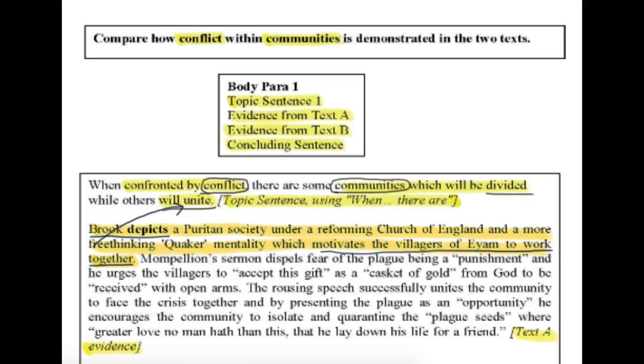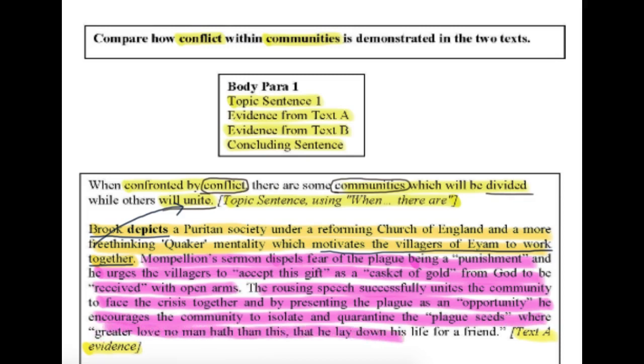So here, we start to look at the evidence for that particular part. Montpellier's sermon dispels fear of the plague being a punishment, and he urges the villagers to accept this gift as a casket of gold from God to be received with open arms. The rousing speech successfully unites the community to face the crisis together, and by presenting the plague as an opportunity, he encourages the community to isolate and quarantine the plague seeds, where greater love no man hath than this, that he laid down his life for friends.